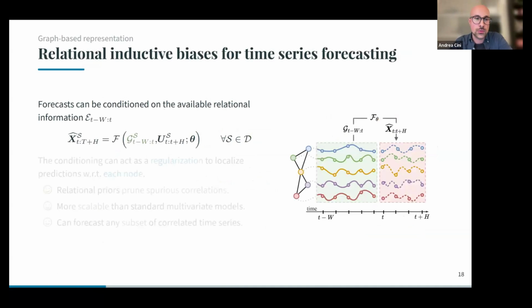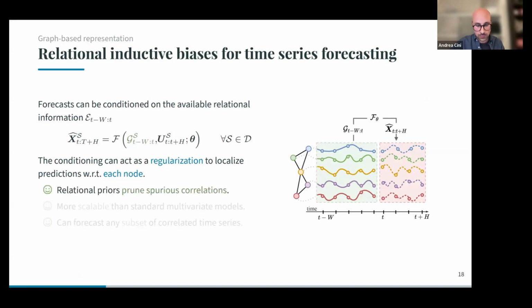So now the idea is to use this relational side information to condition our predictors, our forecasting architecture, and these relationships, as we will see, can act as a regularization to localize the predictions with respect to each node, and in particular, can be used to prune any spurious correlations that might be the result of not taking this structure into account.